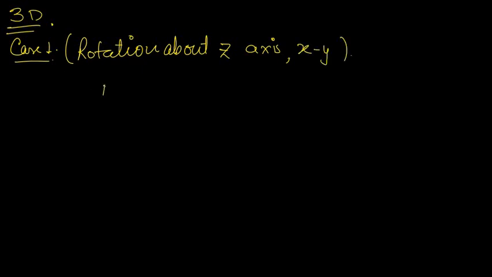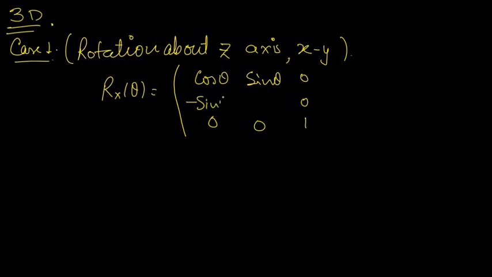For this, the transformation matrix R of theta is cos theta, sin theta, 0; minus sin theta, cos theta, 0; 0, 0, 1. So you see, if you multiply x prime, y prime, z prime with x, y, z, the z terms remain constant. So that is rotation about the z-axis. Okay, so this was the first case.